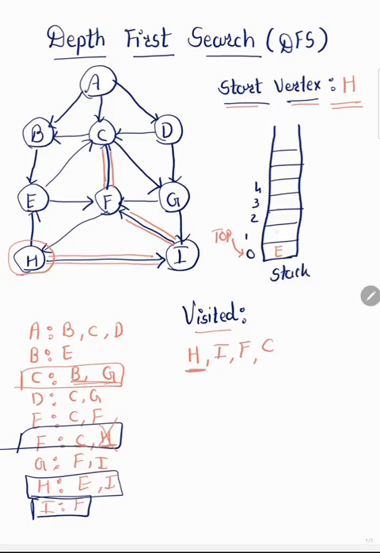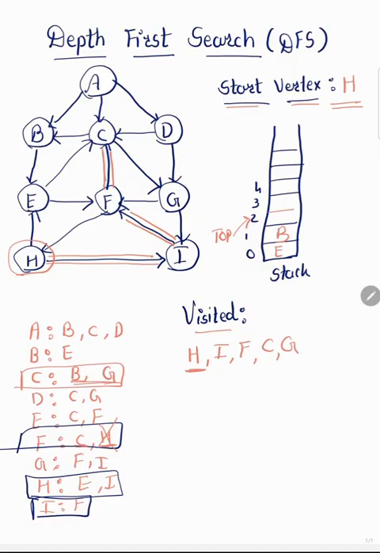So I'll push G over here, and my top will be incremented to 1. Again I'll push B over here, so now my top will be incremented to 2. Right. Now I need to pop this G. I'm popping out this G and marking it as visited, right?